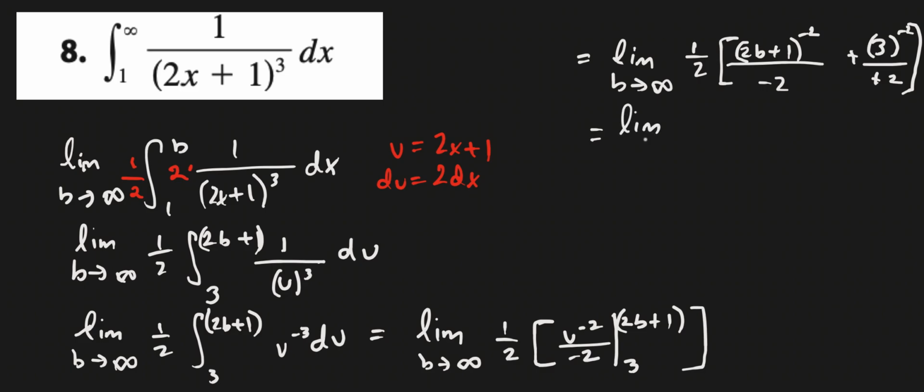So this is 1 over negative 2 times (2b plus 1) squared. I'm not going to expand this because we don't really have to do that. And then this is plus some number, a constant. 3 to the negative 2 is 1 over 3 squared, which is 9. 9 times 2 is 18, so it's 1/18.